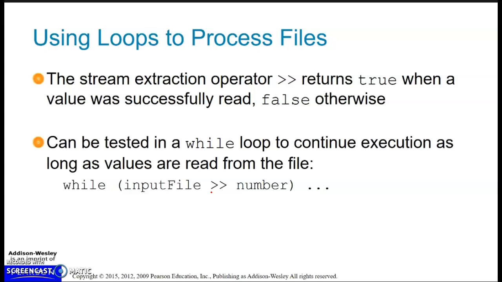So while the input file has something to bring into the program, it will continue to iterate. If it reaches the end of the file, then it will fail that loop and move on to the next execution. Within that while loop, I can tell it to output to the display screen. I can pull that information in and get a running total from the data file, and so on.